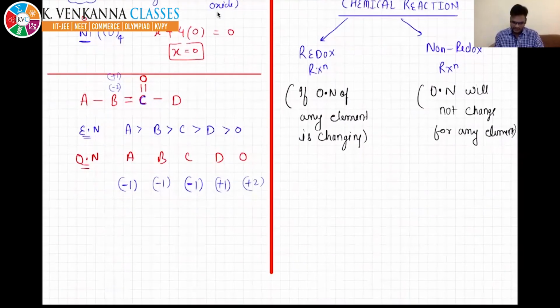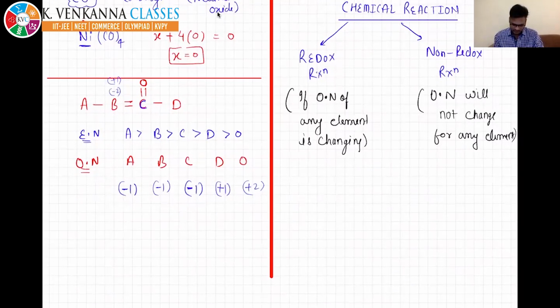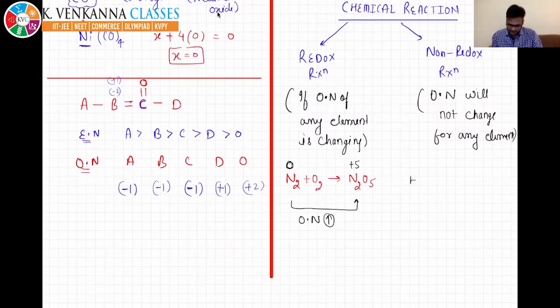I am giving you a simple example. Nitrogen and O2 become N2O5. We all know if an element is present in its elemental state, it carries 0 oxidation number, and if you solve here, it is having +5. So you can see the oxidation number of nitrogen is increasing. But there can be compounds like HCl plus NaOH forming NaCl plus H2O.